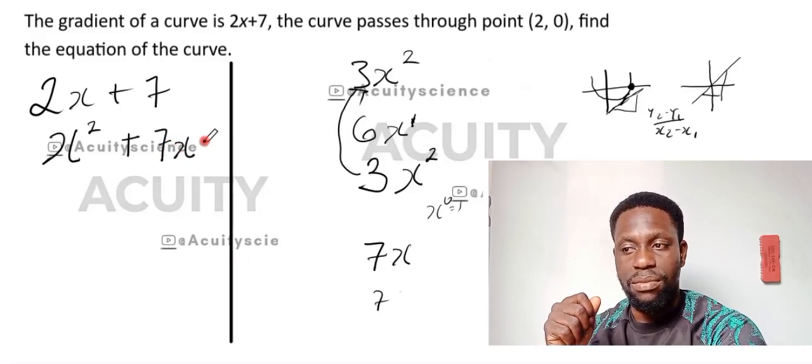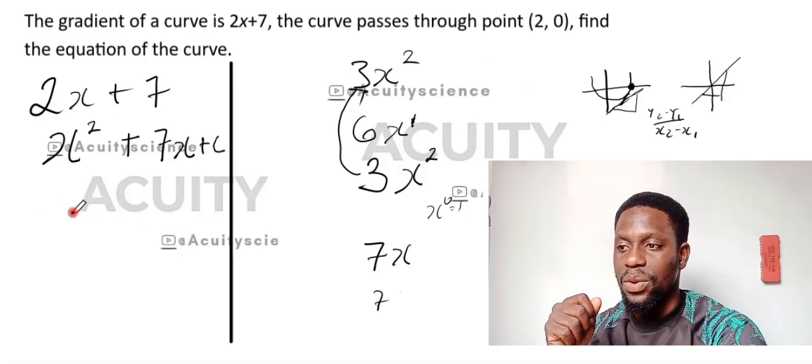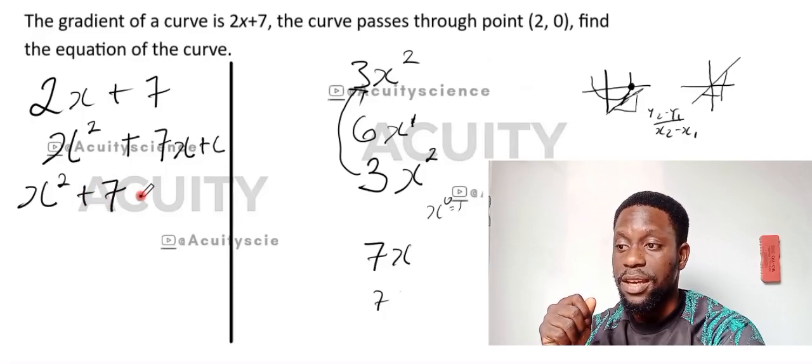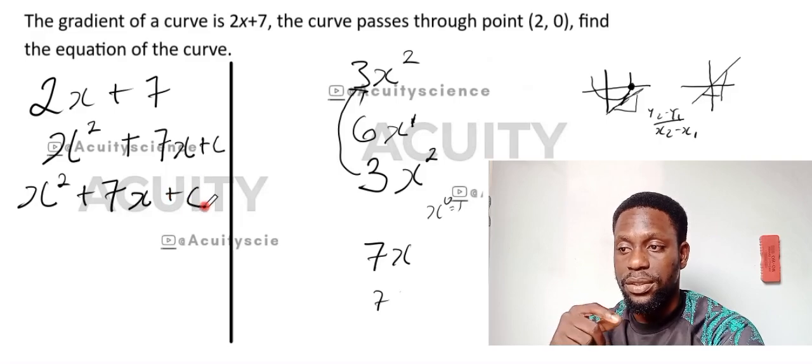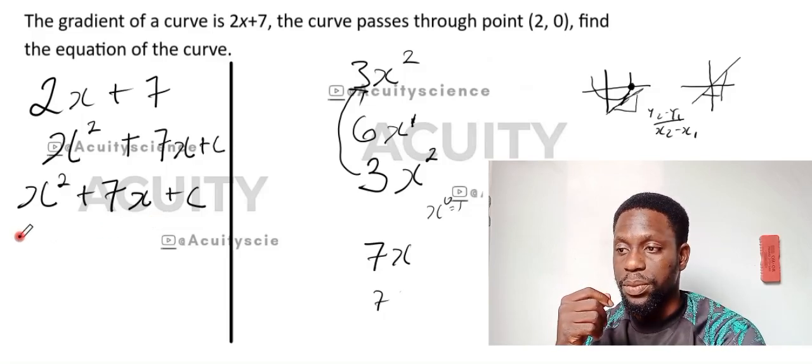And anytime you integrate, you always add that constant c there. So we have 2x squared plus 7x plus c. Now, as an equation for a curve, there would be a y here.